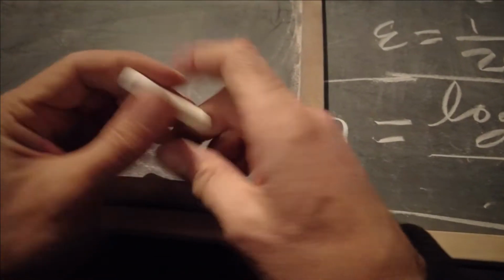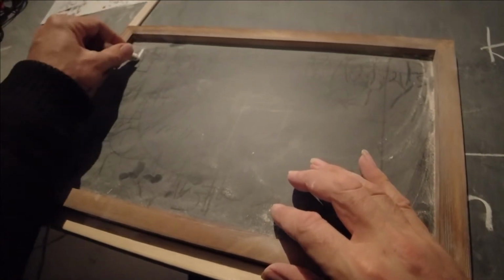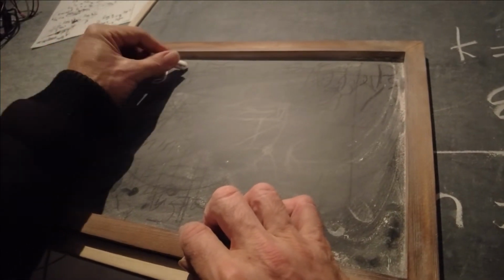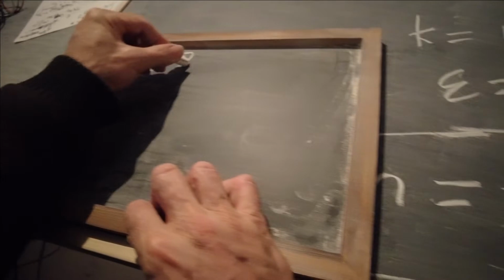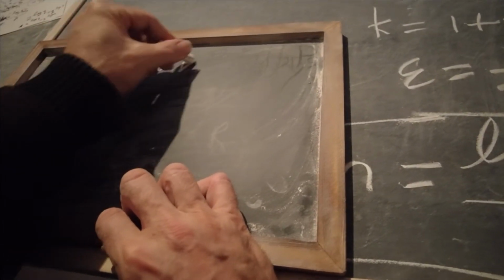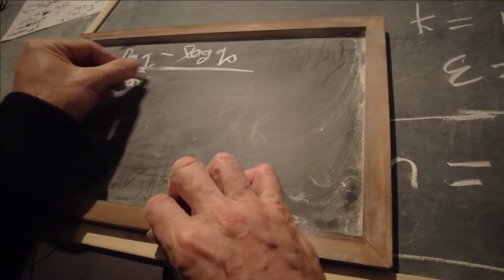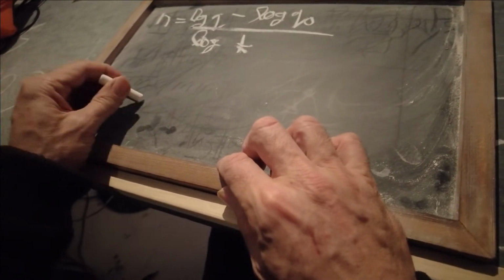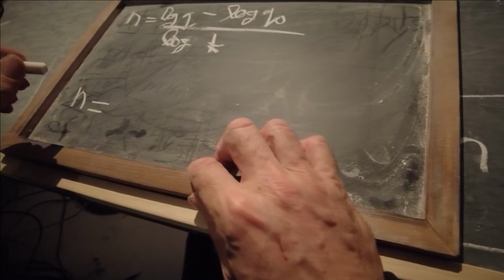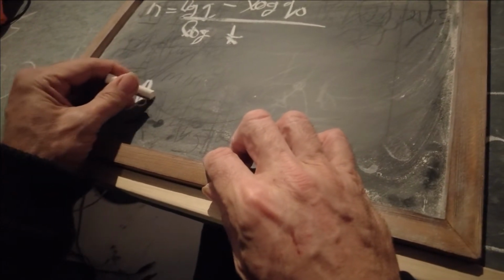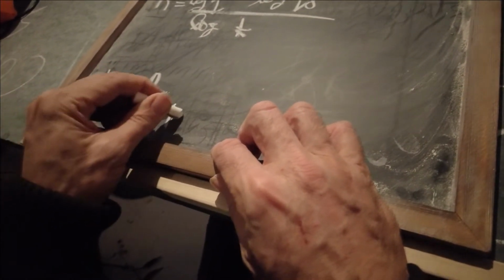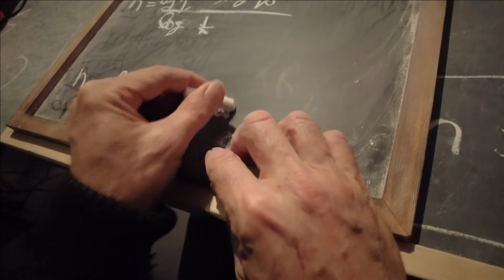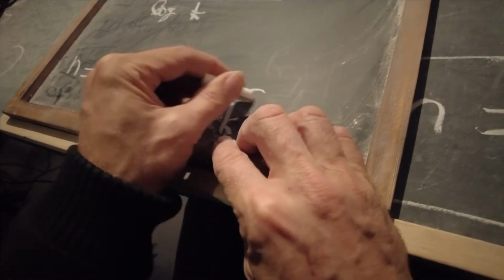And that is to say that n equals log q minus log q0 over log k, and maybe in a more convenient form we'll simply write that n equals log base k of q minus log base k of q0.